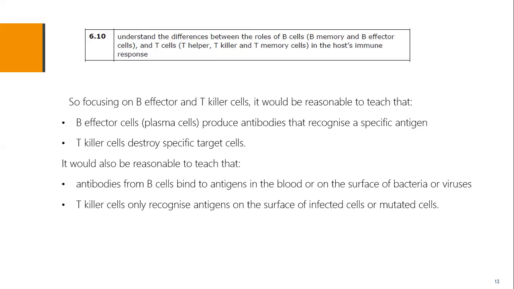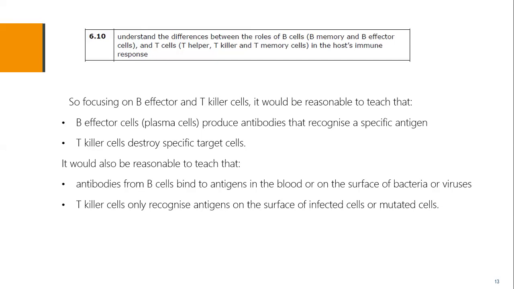If we just consider B effector and T killer cells, it is reasonable to expect that candidates will be taught that plasma cells are B effector cells, and that each plasma cell clone produces antibodies that recognize a specific antigen. So if you're understanding the role of a B effector cell, then you need to know that they're plasma cells and they produce antibodies that recognize a specific antigen.